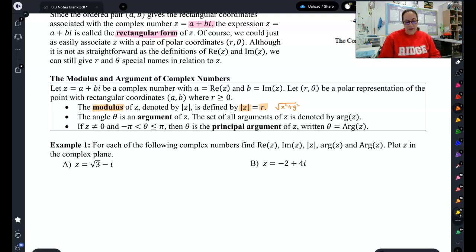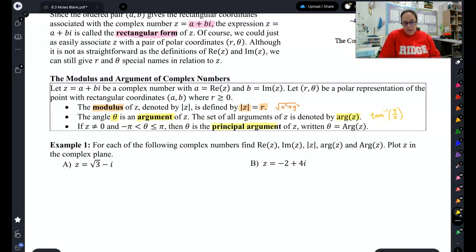If you're asked to find theta, the angle, we call that the argument of z. And we usually write it as arg parentheses z. So that's what we call the angle, which we already know we find by doing the arctan of y over x. Now, one last vocab term.